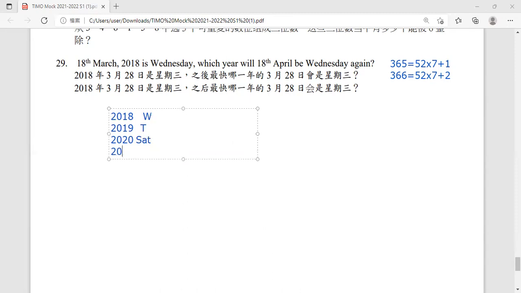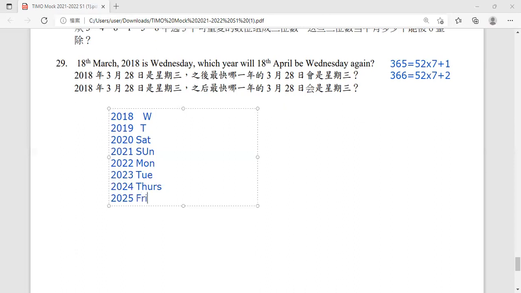It's Tuesday. But 2024 will be a Thursday. So Wednesday is skipped, so you have to count it again.